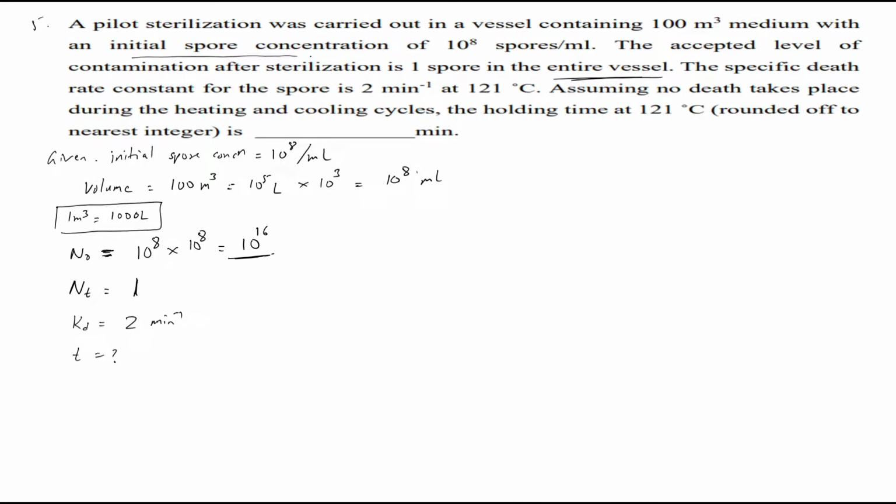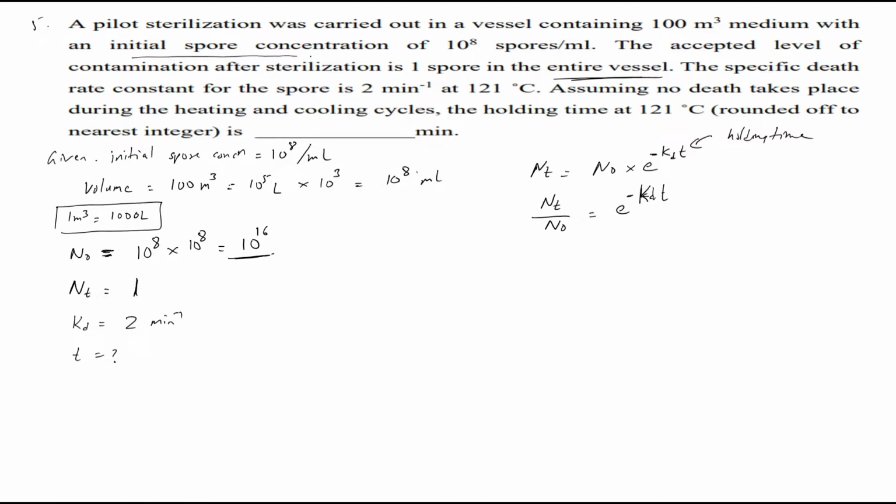The formula to calculate this is Nt equals N naught into e to the power minus Kd t. Here t is the holding time, right? So we will simplify the equation. We will move N naught to the left side, so it becomes e to the power minus Kd t.